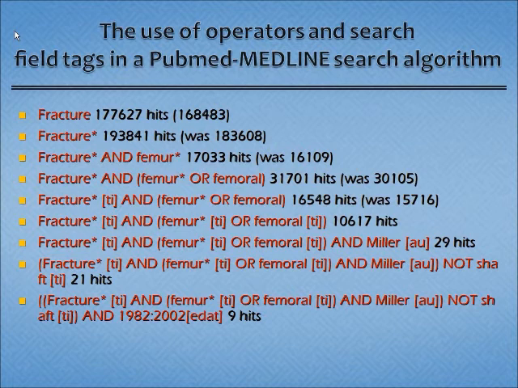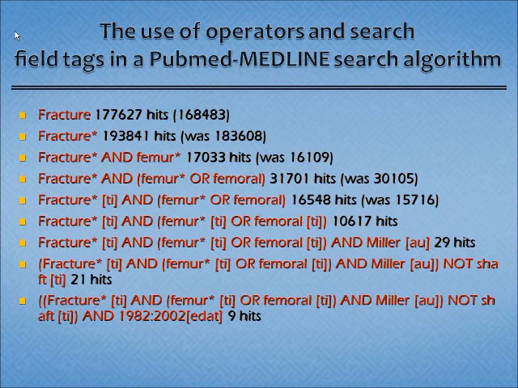If you want to add another additional keyword like femur and femoral, the OR is not present here, so you write it separately. OR means either femur or femoral fractures are included.